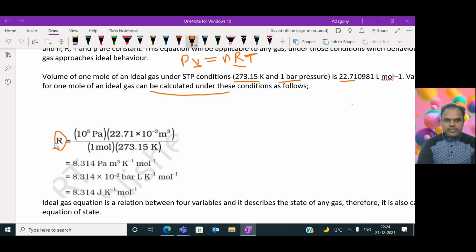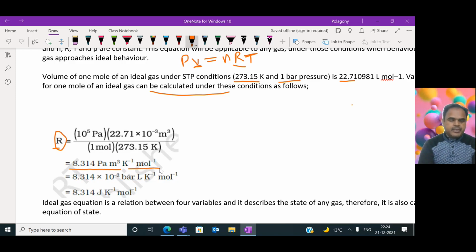1 bar is equal to 10^5 pascals, into 22.7 × 10^-3 meter cube, converted into meter cube, upon 1 mole into 273.15 Kelvin temperature. Then we get the value 8.314 pascal meter cube per Kelvin per mole.